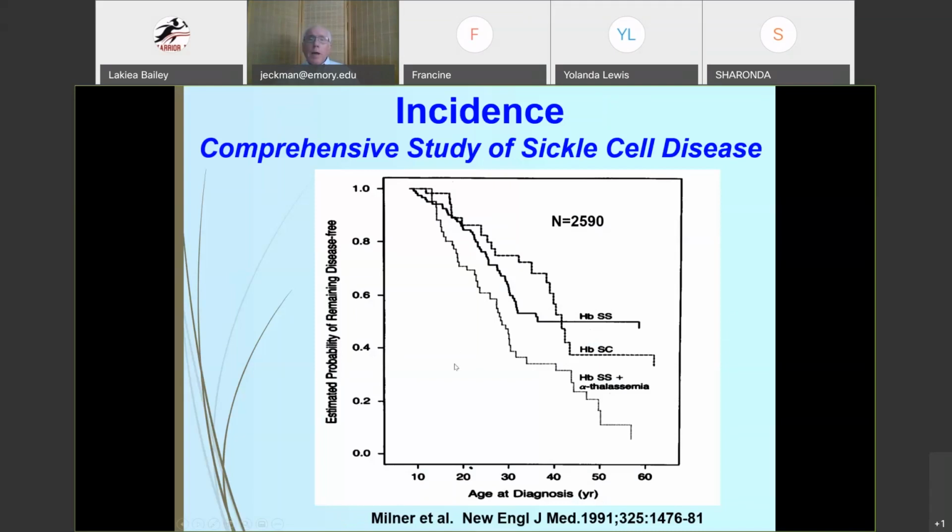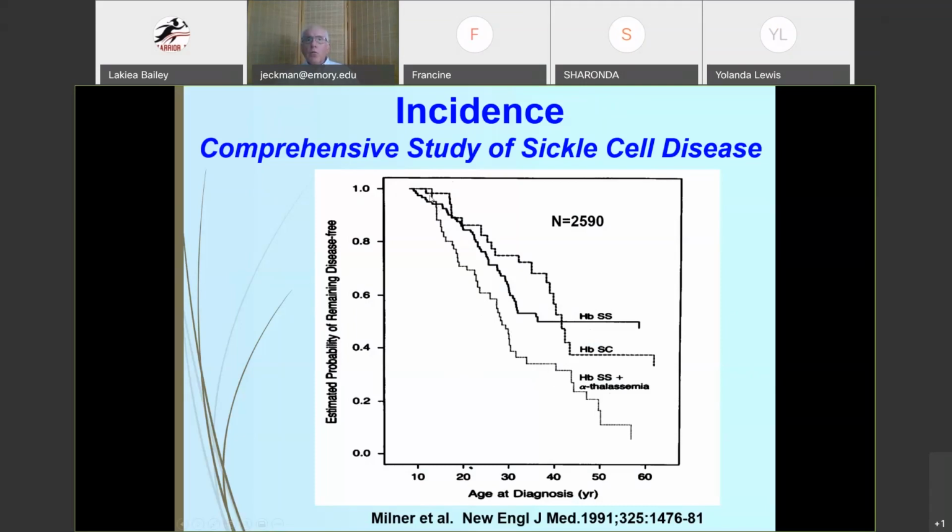And one of the best studies that really showed us how common avascular necrosis is was a comprehensive study of sickle cell disease that was done in the 80s and 90s. It plots the onset of avascular necrosis.